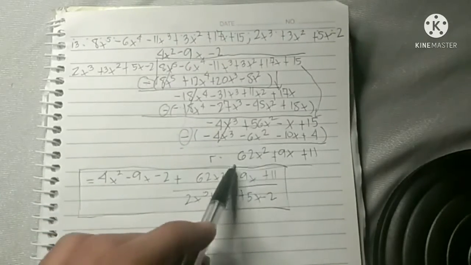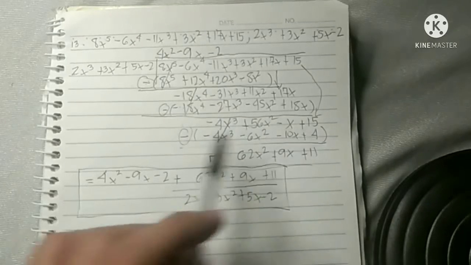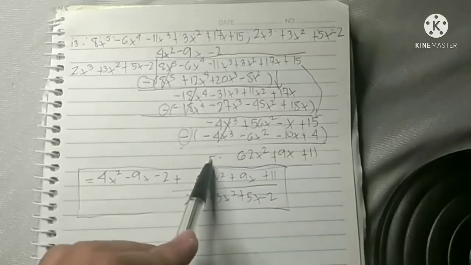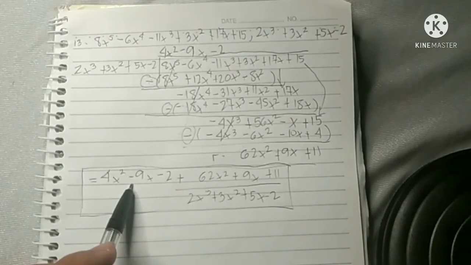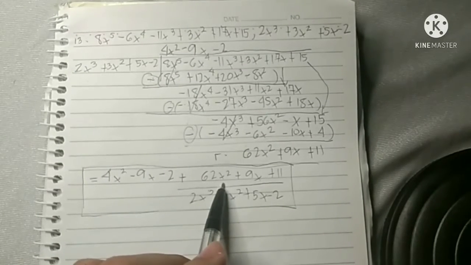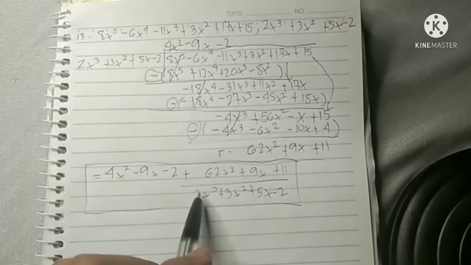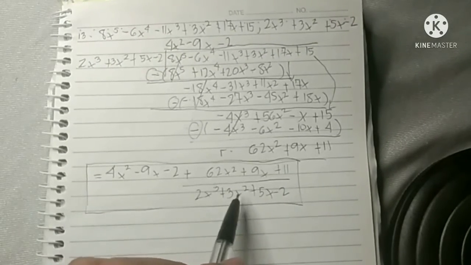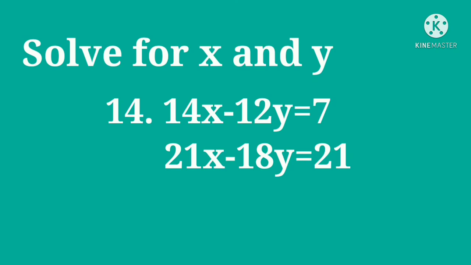So we will subtract and we will have 62x squared plus 9x plus 11, and that will be our remainder. So to write our final answer, we will have 4x squared minus 9x minus 2 plus our remainder 62x squared plus 9x plus 11 over 2x cubed plus 3x squared plus 5x minus 2.